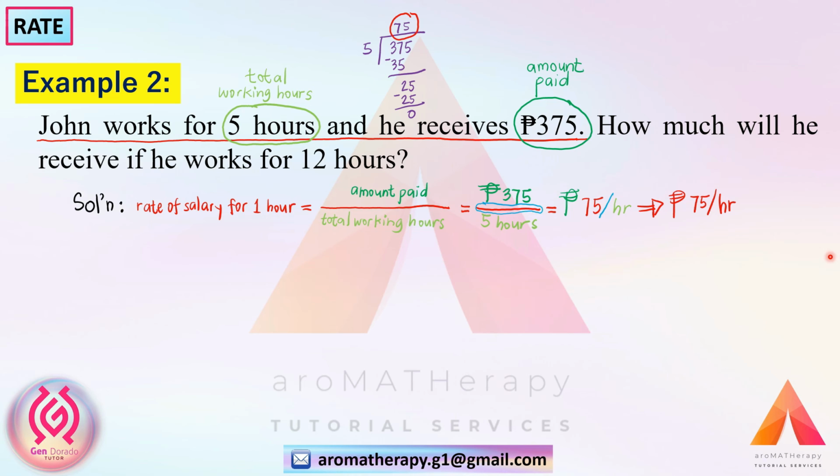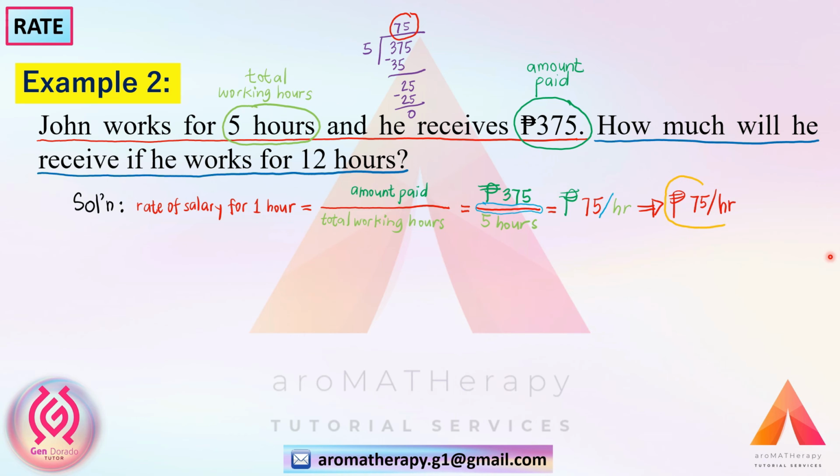Next question. This is the last question. And ito yung tinatanong sa atin. How much will he receive if he works for 12 hours? How will you solve for this one?